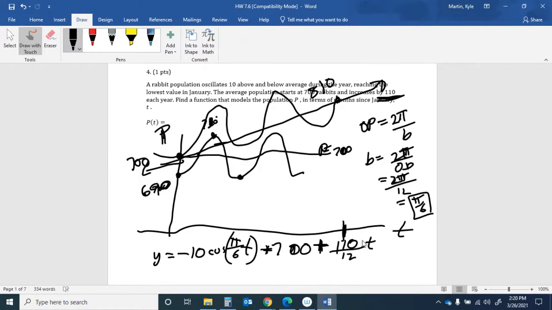It's the slope of the slant line. So in other words, this guy right here is basically a linear equation. So I'm melding together the sinusoidal function here and this equation of the slant line here.